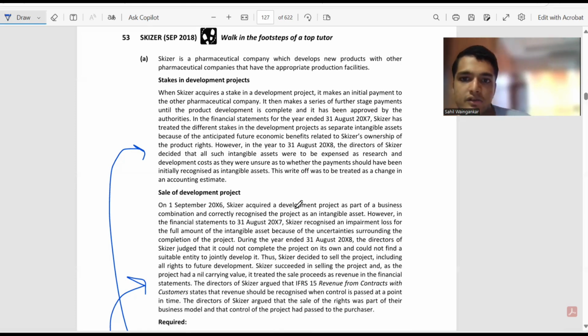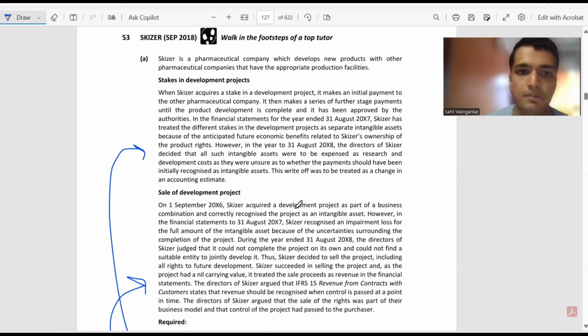It then makes a series of further stage payments until the product development is complete and it has been approved by the authorities. In the financial statements for the year ended 31st of August 17, Skizer has treated the different stakes in the development project as separate intangible assets because of the anticipated future economic benefits related to Skizer's ownership of the product rights.